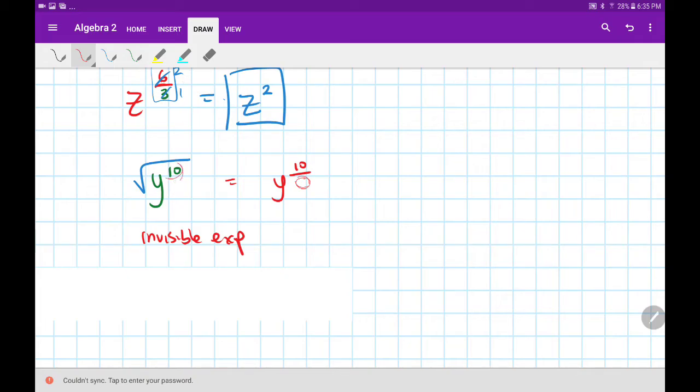Invisible exponents, if there was nothing here, for example, would be a 1. But there is something there, obviously, it's a 10. But invisible roots are always 2. Invisible exponents are 1. So this would be a 2 here. So this is 10 over 2. Is that our final answer? Look at it carefully. No, it simplifies. So this will become y to the 5th power.